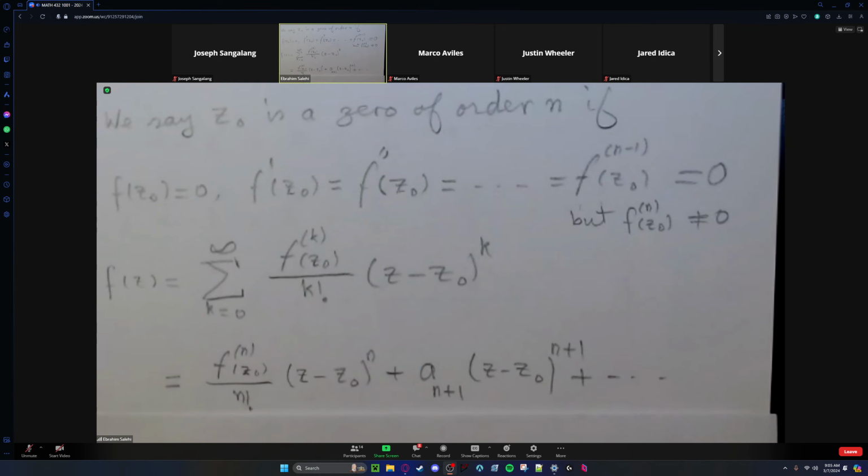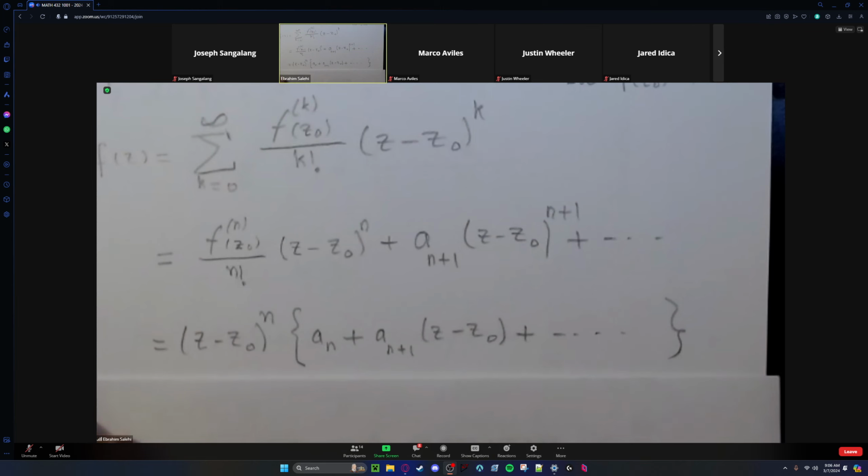This is not 0. If this were 0 too, then it would be a zero of order n plus 1, but now it's a zero of order n, so this is non-zero. I can factor this because all of them have z minus z naught to the n. If I factor that, this is what I get. But here, this is an analytic function, non-zero. It is not 0 at z naught.